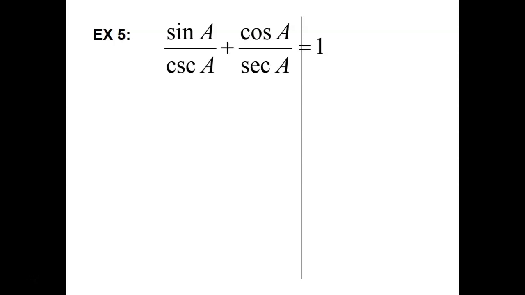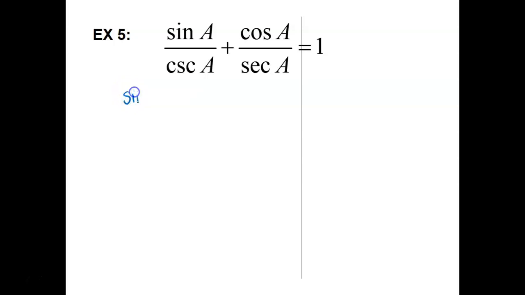This one, definitely going to have to work on the left-hand side. Right-hand side's just 1. Can't do much with that. So we've got sine A over cosecant A plus cosine A over secant A. And I do not like those cosecants and secants, so I'm going to change those.